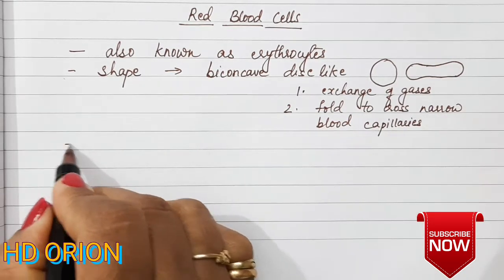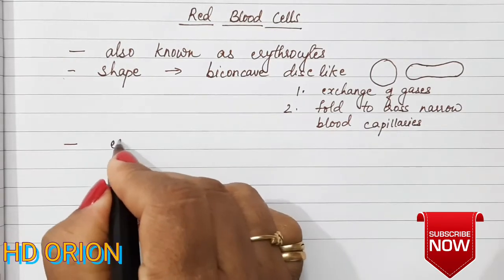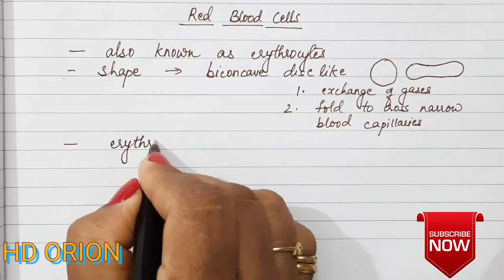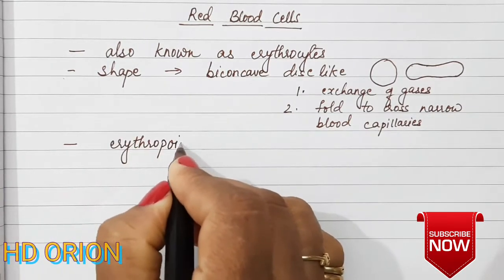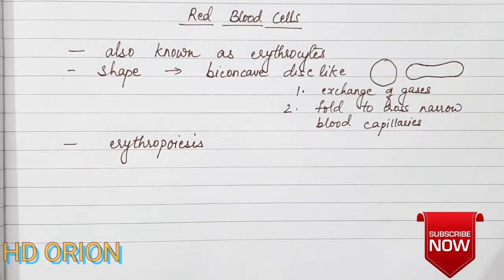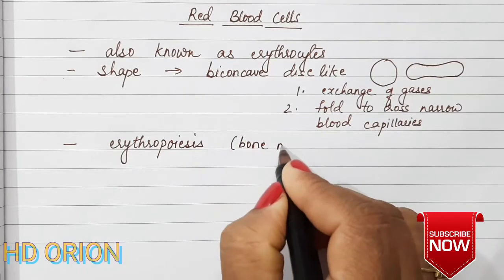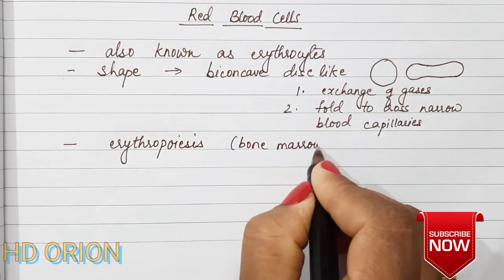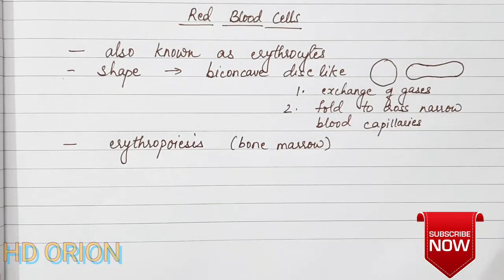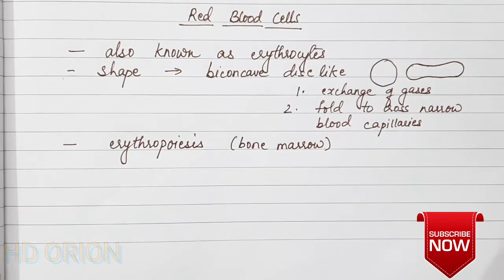The formation of RBC is known as erythropoiesis, which takes place in the bone marrow. So when the RBCs are in the bone marrow, at that time the cells are nucleated. That means the nucleus is present in the cells.